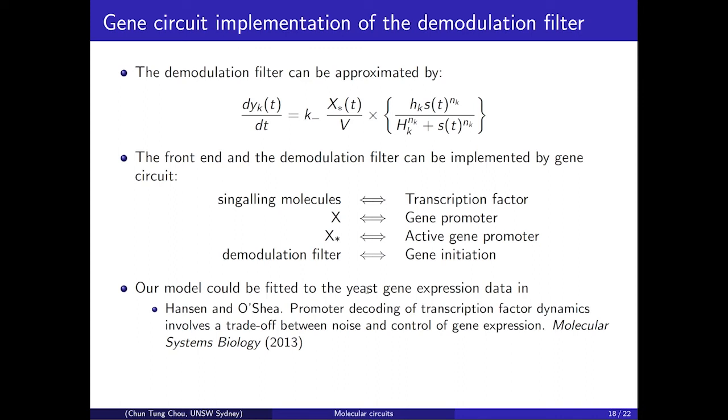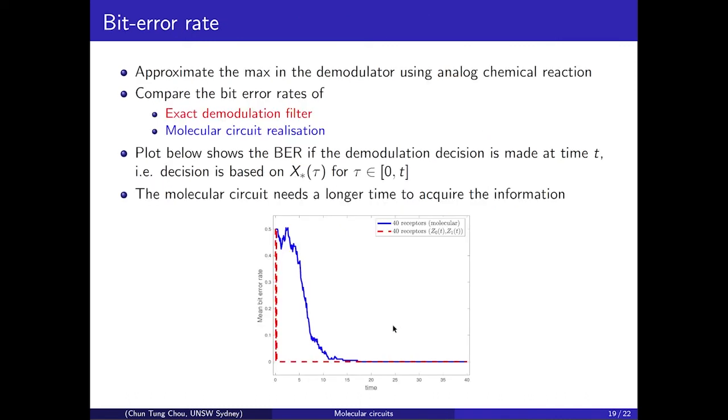And we found that our model can actually fit quite well to the existing data on gene expressions. So what it means is these filters that we have come up with can in fact be implemented by using gene circuits.